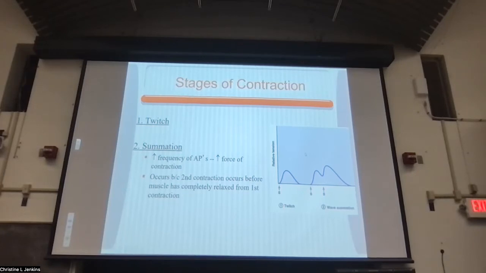But when we start to send more and more, we send an additional nerve impulse before the muscle had a chance to relax from the previous one. We send nerve impulses so quickly that the effects summate. Look, here's a nerve impulse, muscle contraction. It doesn't have a chance to relax before we send another one. So the effects begin to summate. They add on to each other.